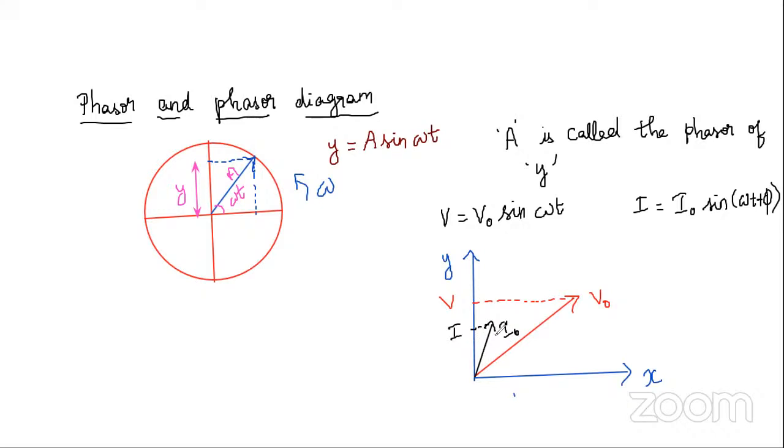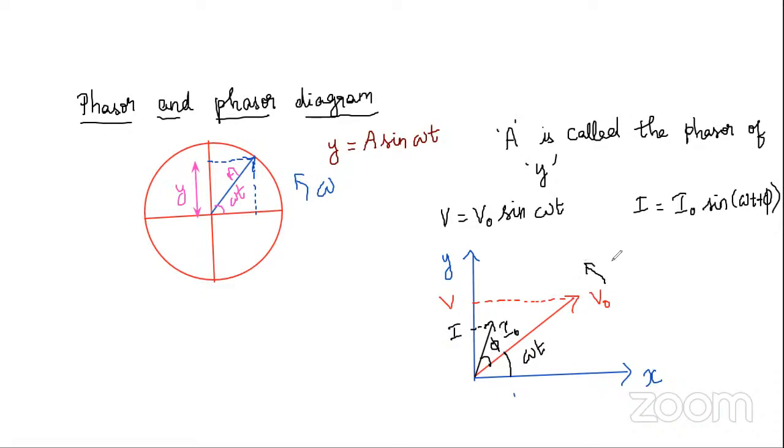That means when it is rotating in the anti-clockwise direction, this I0 or this I reaches maximum initially. So this is called phase here. That phase difference is phi, and the rotation velocity is omega. This is omega t.